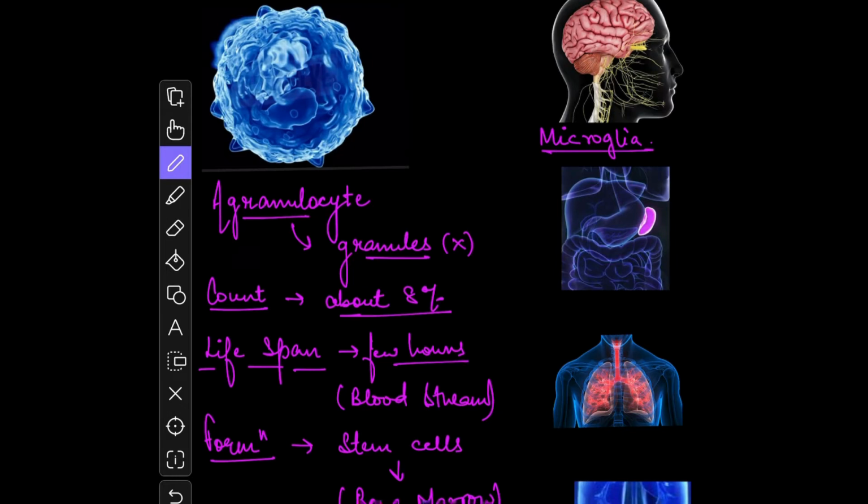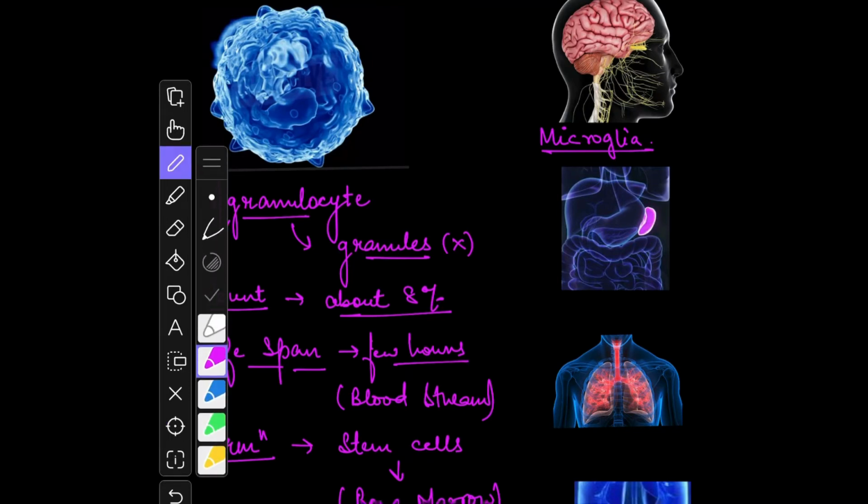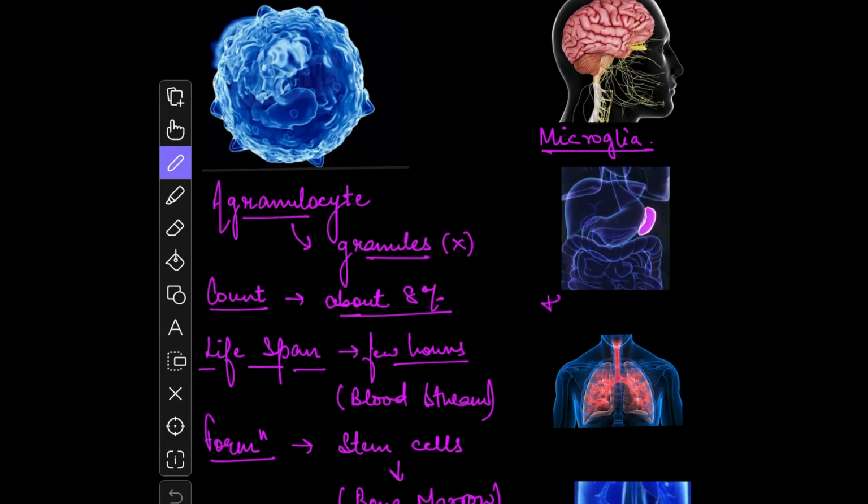And if these monocytes enter into the spleen, this is called histiocytes. Means when they enter into the different tissues, they are called histiocytes.